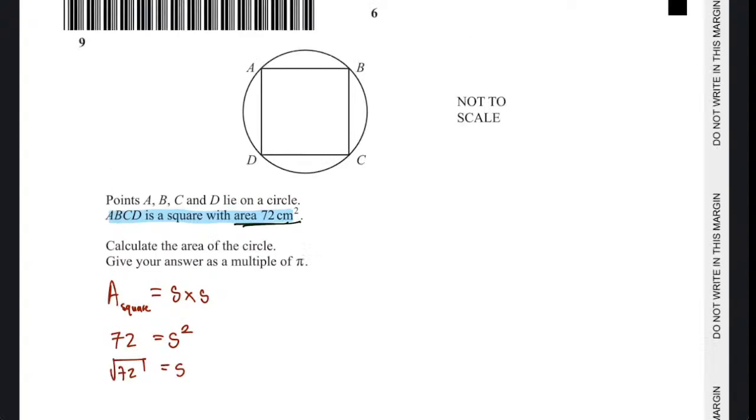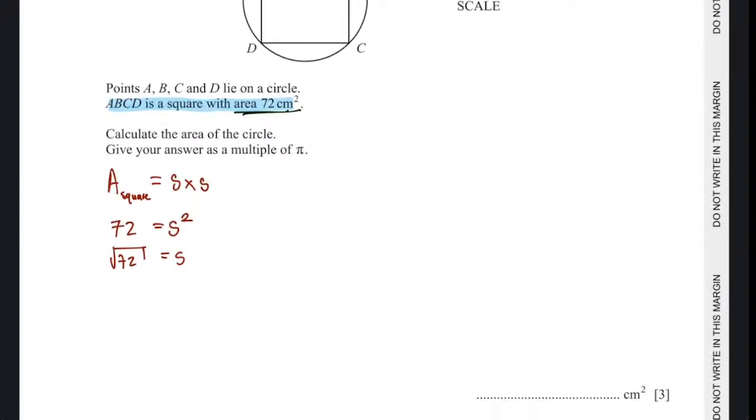Somebody? Exactly 8.48, or it has more decimals? Is it going to be exactly 8? It was 8.4852.